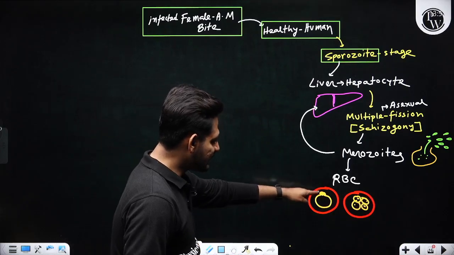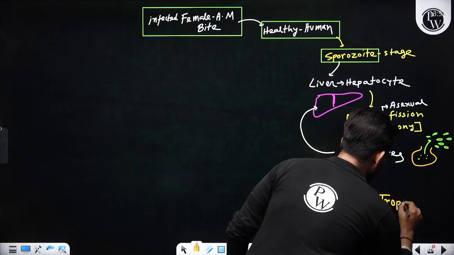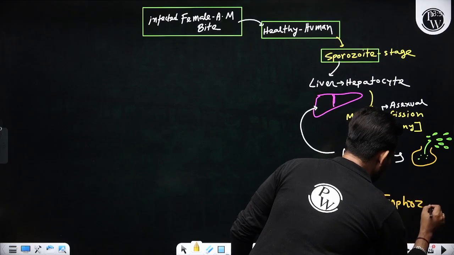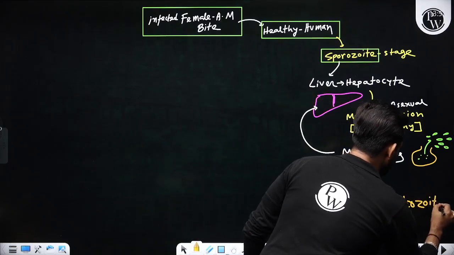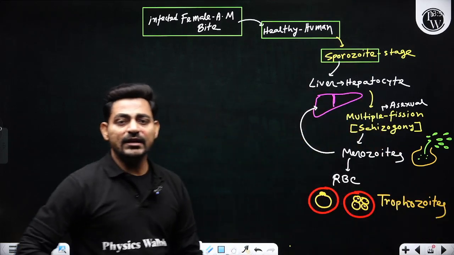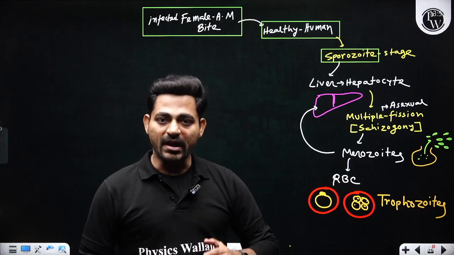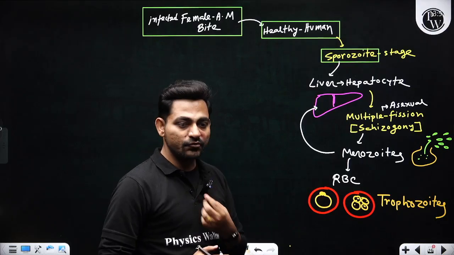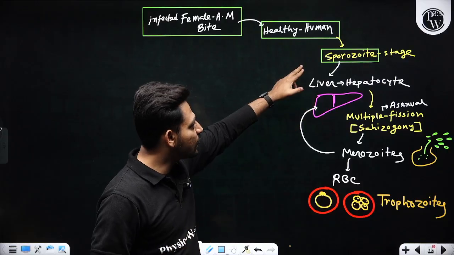So, the stage inside the RBC, we call them trophozoite. They are gregarious, their feeding stage. Now, during the time of diagnosis or blood test, under the microscope, you can identify these trophozoite stages. So, the infecting stage is sporozoite.